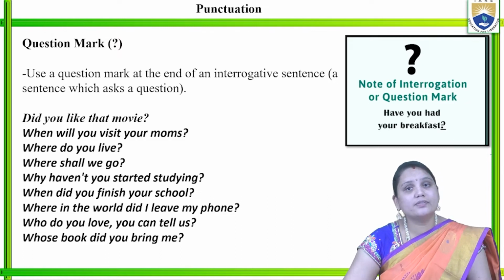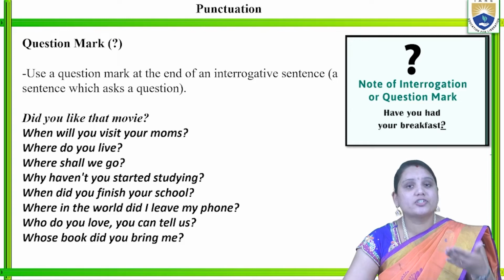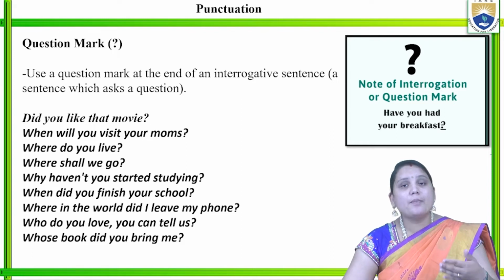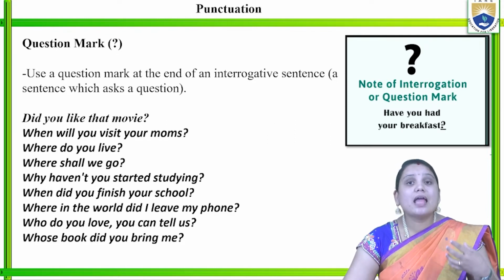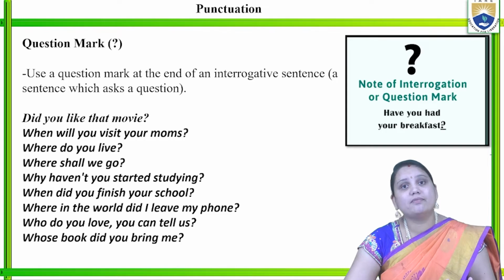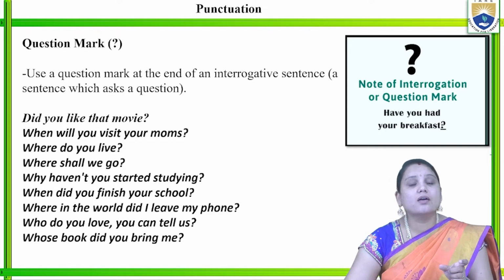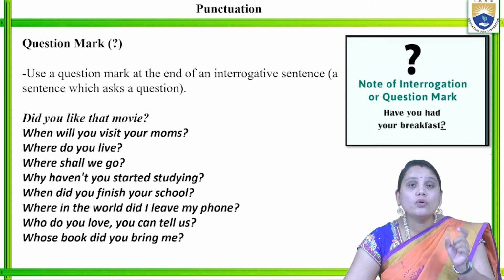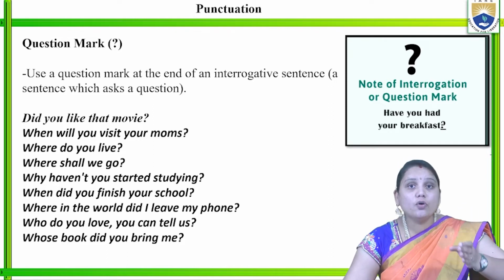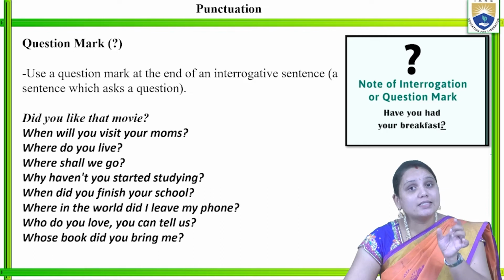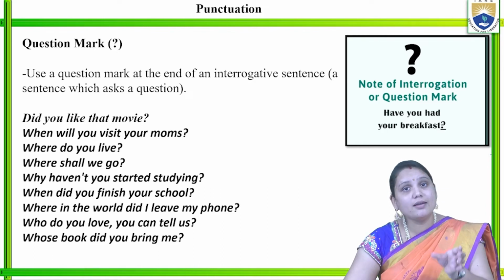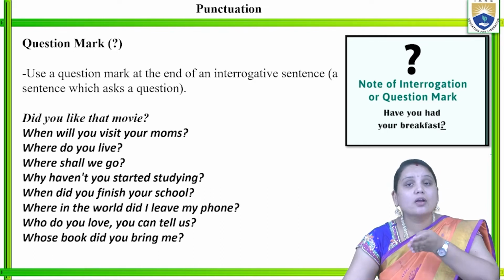What are interrogative sentences? Those that question another person about any kind of element, any kind of message, any kind of information. When we are about to question someone, those kinds of sentences are called interrogative sentences. So, we will use the question mark to denote the necessity of the questioning format at the end of each question.